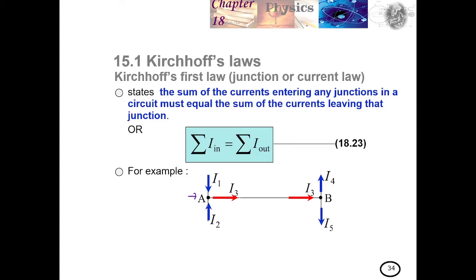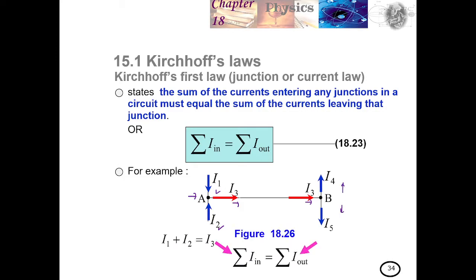So at the junction, I1 and I2 are combined, add up, and you have I3. And this I3, when it goes to the other side, at the next junction it will be separated into I4 and I5. So you can say that I1 plus I2 equals I3, and I3 is also equal to I4 plus I5. Okay, so this is the first Kirchhoff's law.